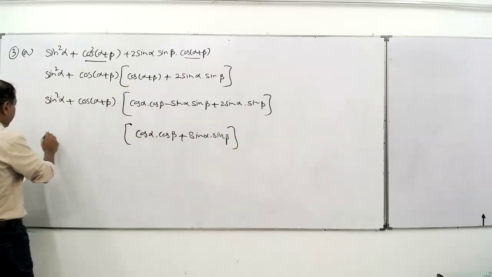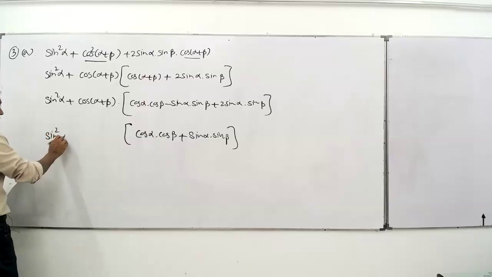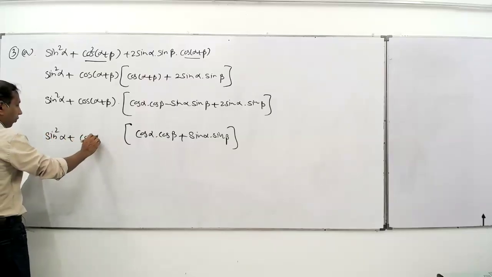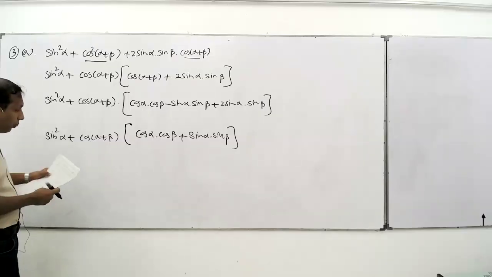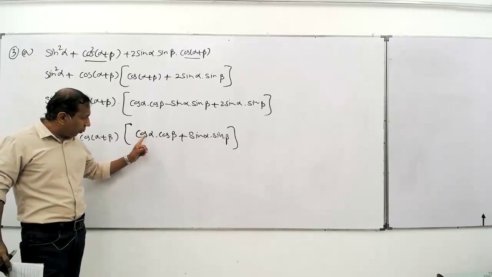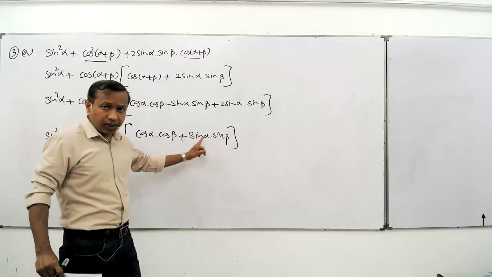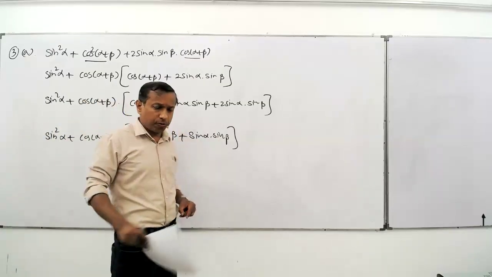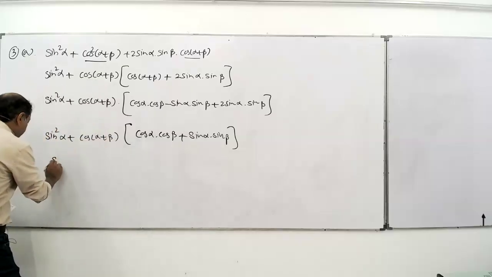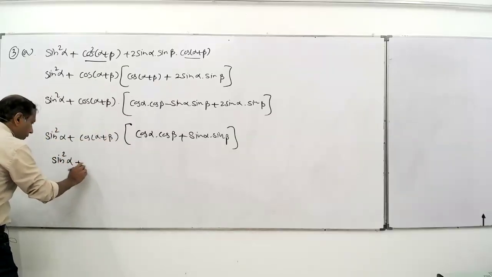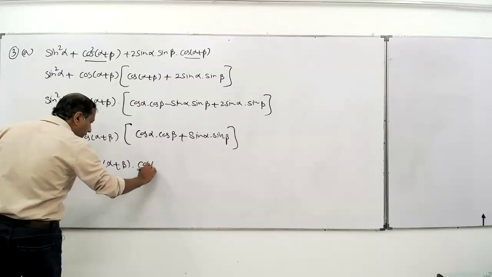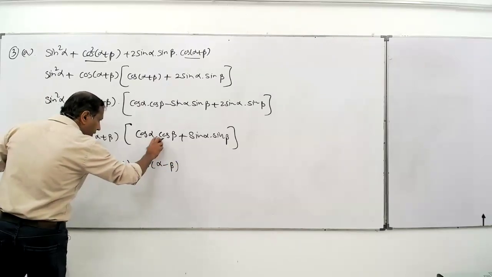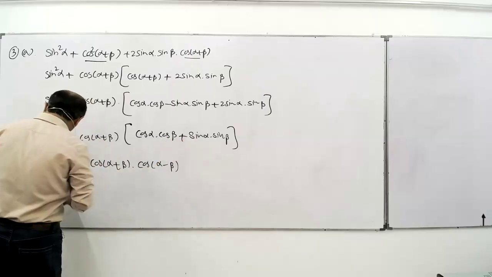Here now we have sine squared alpha cos alpha plus beta. Now you can see this is like cos A cos B plus sin A sin B. That is cos A minus B, right? So sine squared alpha cos alpha plus beta, this is nothing but cos alpha minus beta.